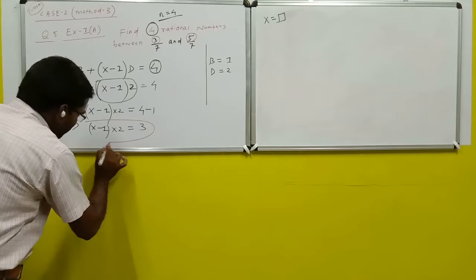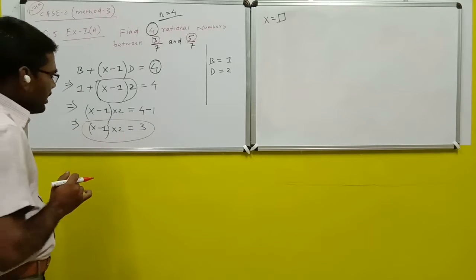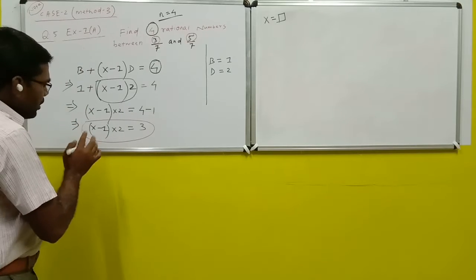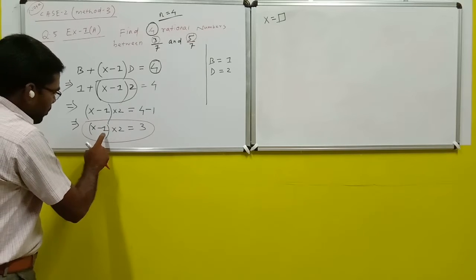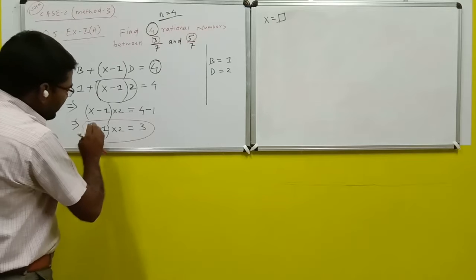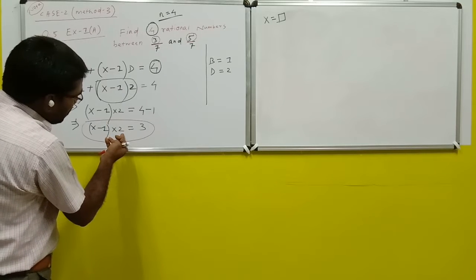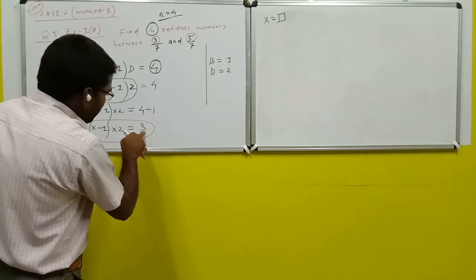From this, you are clear that x minus 1 will be a number that is to be multiplied by 2 to get the result 3.